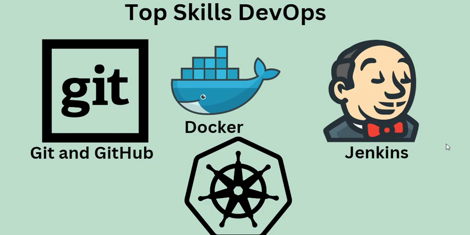Then if required, we go for Kubernetes also. Kubernetes is nothing but, you can say, a monitoring tool, where you can go for scaling, descaling, or load balancing. These are the things which you are going to do in Kubernetes.